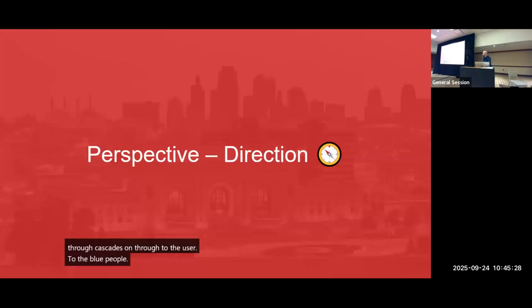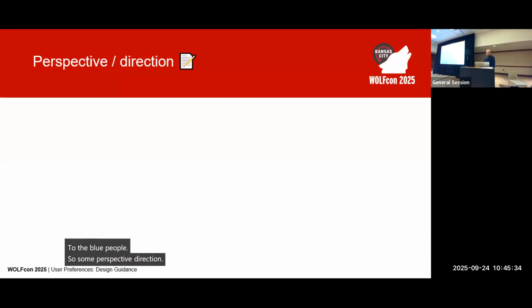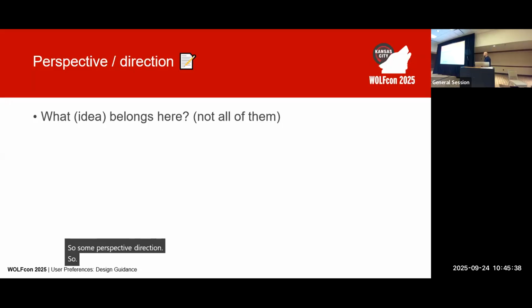So some perspective, direction. Given this sort of blank canvas of a new thing that we can take advantage of in our apps, product owners can implement cool things with this.